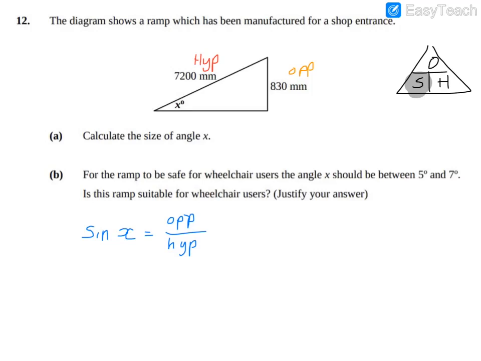And that is 830 over 7,200. So that's sine of my angle, but I want to get the angle out, so we're going to have to do inverse sine to this stuff, aren't we?